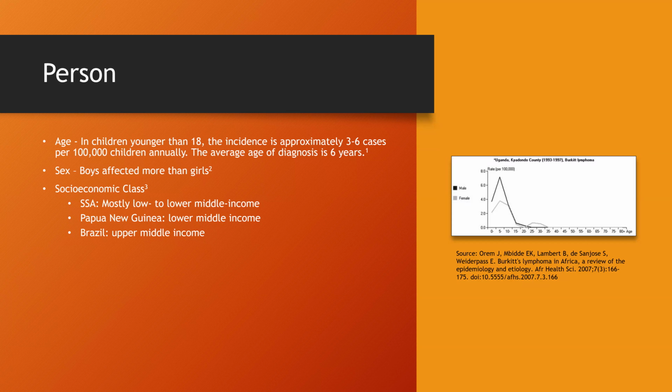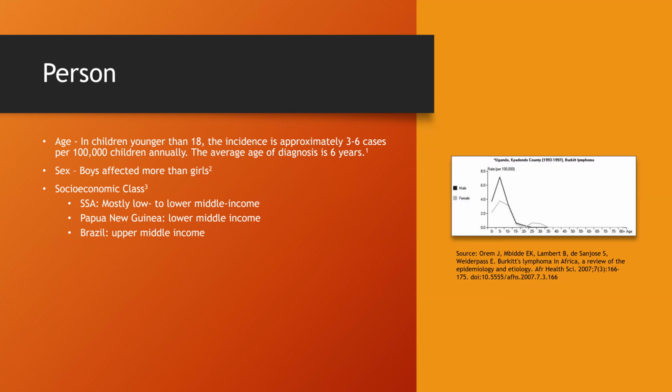As far as socioeconomic class, it is worth noting that according to the World Bank Index, the countries where pediatric Burkitt lymphoma is endemic are not high income countries. So the region of sub-Saharan Africa mostly includes countries that are in the low to lower middle income.